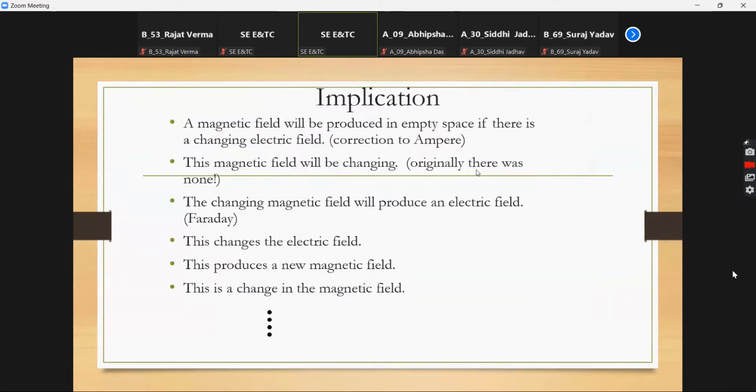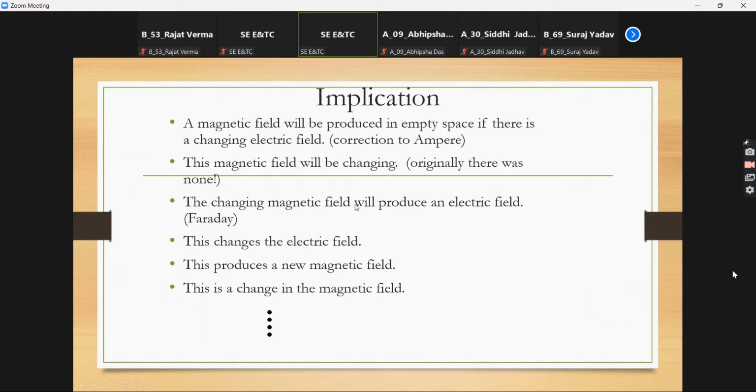So what is the implication? As I have already explained, the magnetic field will be produced in empty space if there is a changing electric field. That is the correction in Ampere's law which Maxwell did, and he added the new term which is dD/dt. After this, what will happen? This magnetic field will be changing. Originally there was none; the magnetic field was absent. The magnetic field is produced because of the changing electric field.